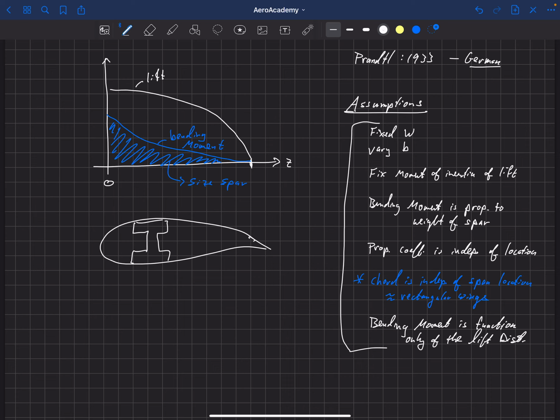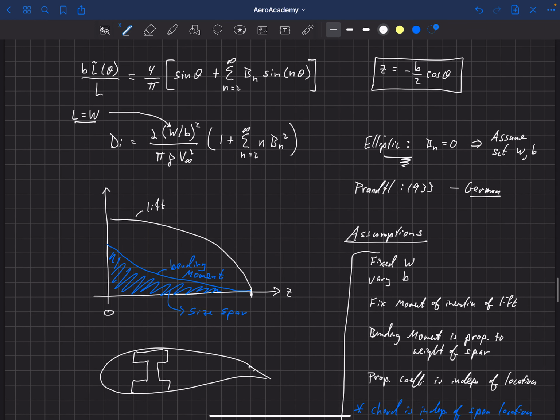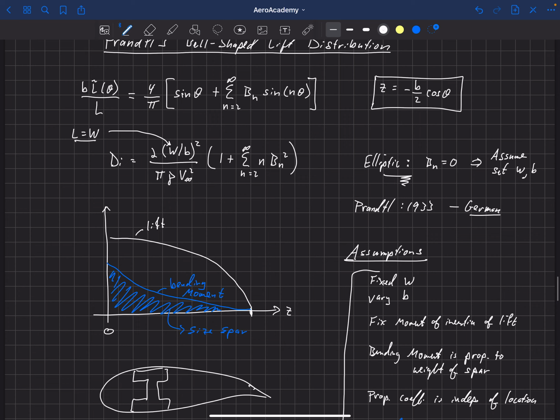Prandtl went through the math, and we could work through it here, but you're able to show that the optimum solution is, if we scroll back up, remember previously we had the optimum where Bn equals 0 for all n, but for Prandtl's 1933 solution, he gets that you want B3 equal to minus 1/3, and all other B values again 0.